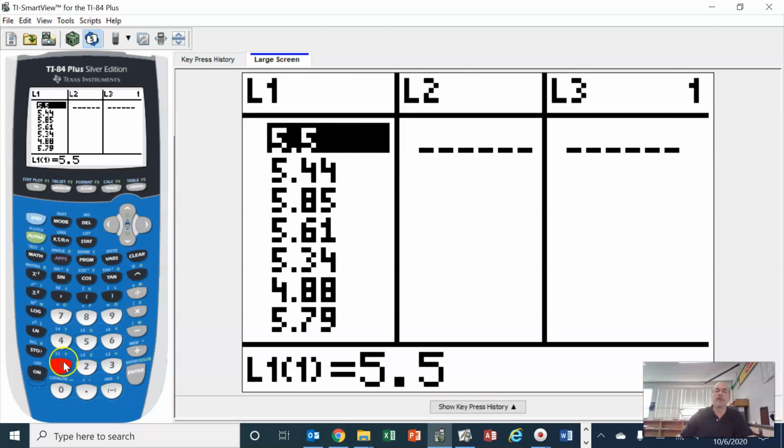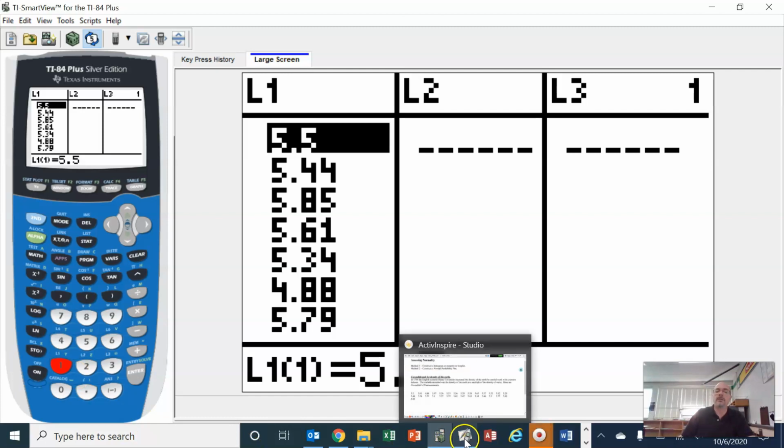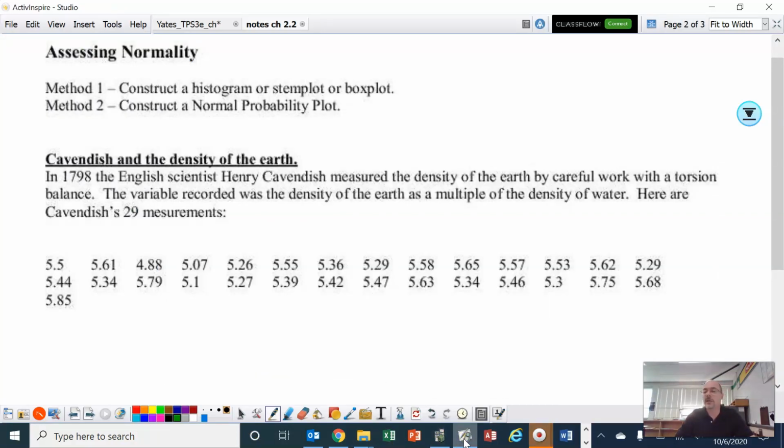So the first thing I'm going to do is look at a box plot for this. Remember, don't use the histogram on the calculator. If you're going to do a histogram, I would suggest doing it by hand and just use the calculator to sort your numbers. So I'm going to throw the histogram out on this.